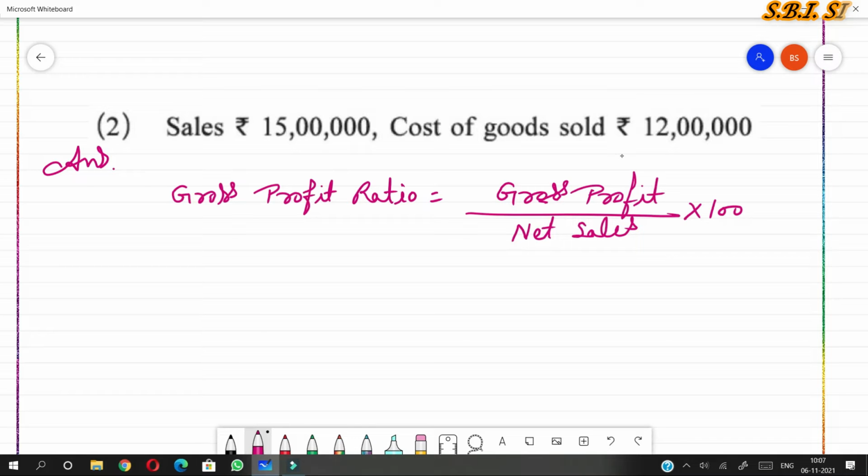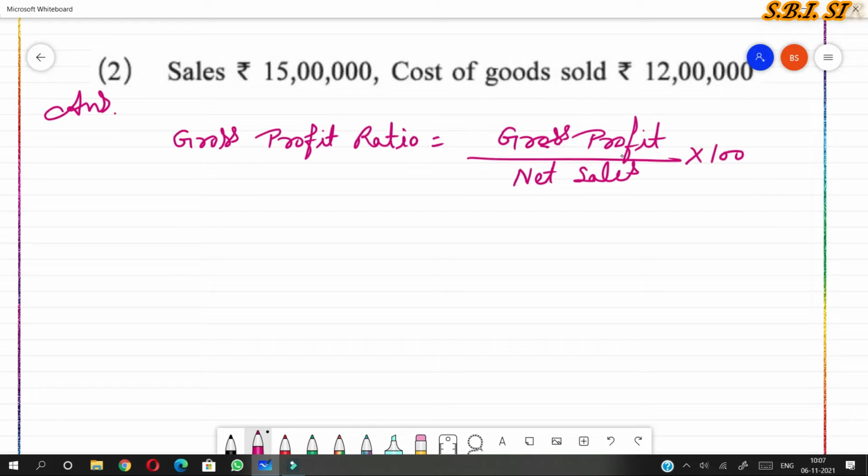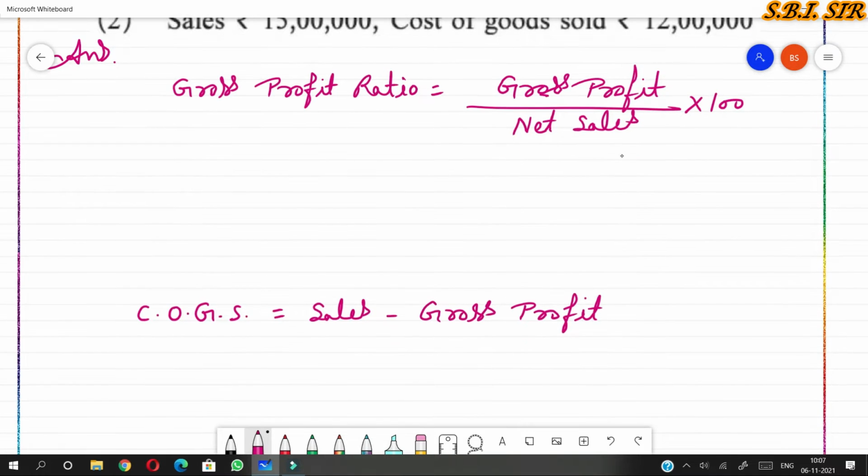Students, here gross profit is not given, so we have to find it out. In the first video, in the first part, you have seen that the formula for cost of goods sold equals sales minus gross profit. From this formula we can find out gross profit.